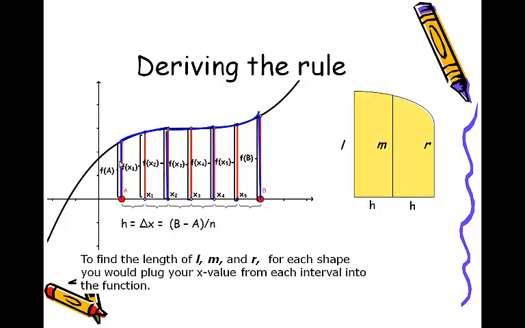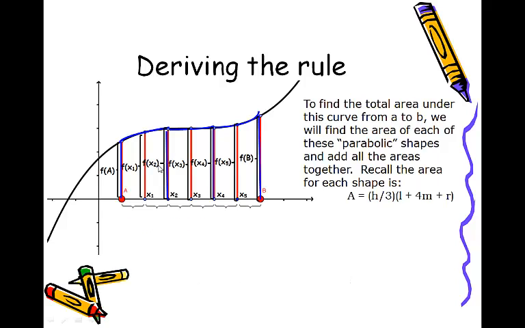So for example, with this first shape, my left height would be f of a, my middle height would be f of x1, and my right height would be f of x2. So to find the total area under that curve from A to B, I would find each of these individual parabolic shape areas. I've got 1, 2, 3. Add it all up, and that'll give me the entire area.